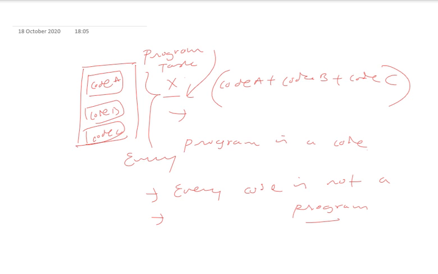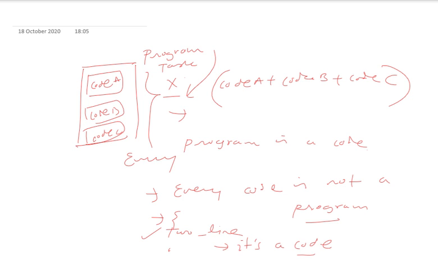If you write 2 lines, then we say it is a code, but we may not call these 2 lines a program unless they perform one particular task. So this is how coding and programming differ. Programming is a broad term, and coding is a part of it.